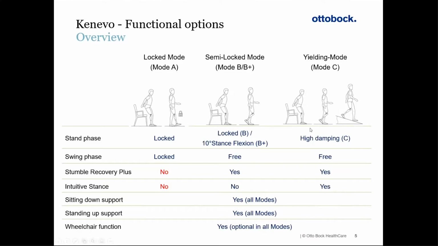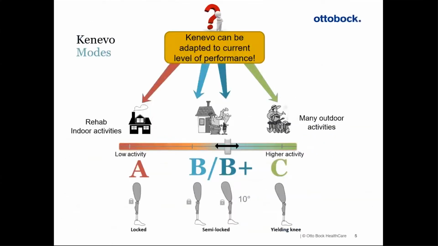And those patients usually are low K3 patients, and they may be better served with the CLEC. And it takes a little bit of thinking and weighing the pros and cons of both knees against each other for the individual patient. So Kenevo offers 3 modes.